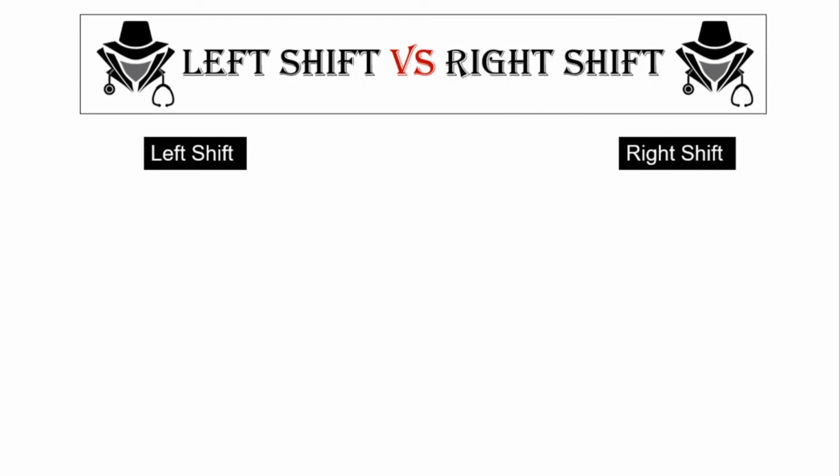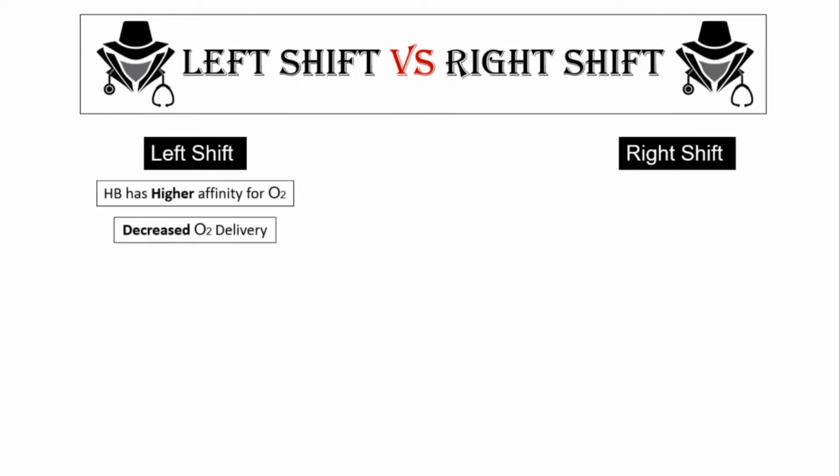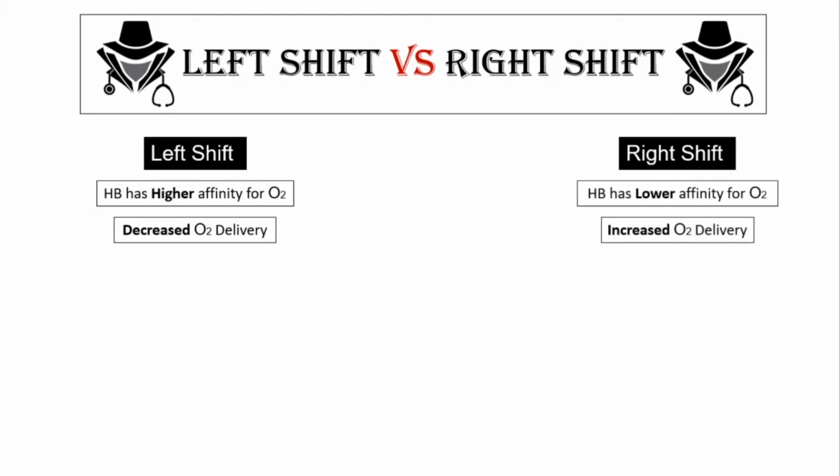Let's focus our comparison now to the left shift versus the right shift. In the left shift, again, hemoglobin is having higher affinity for oxygen and decreased oxygen delivery. In the right shift, hemoglobin is having lower affinity for oxygen and it has an increased oxygen delivery.